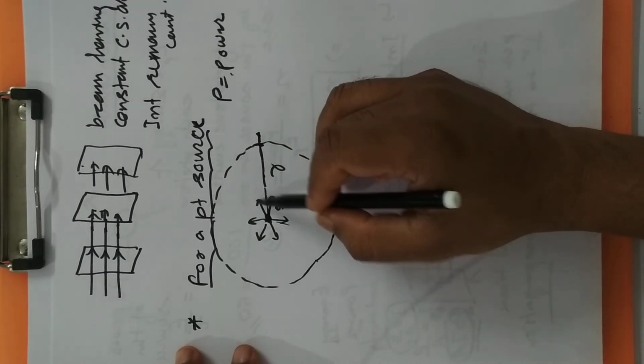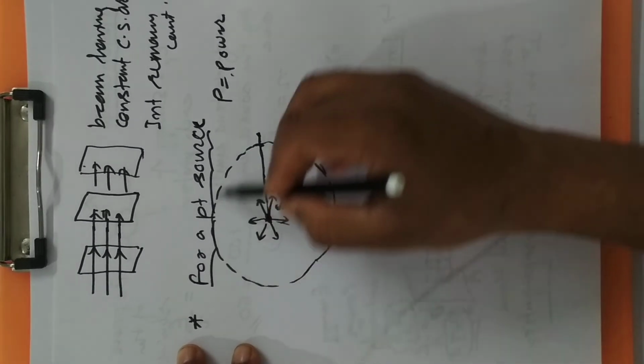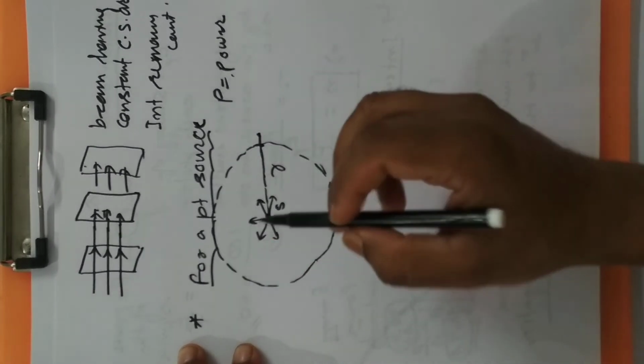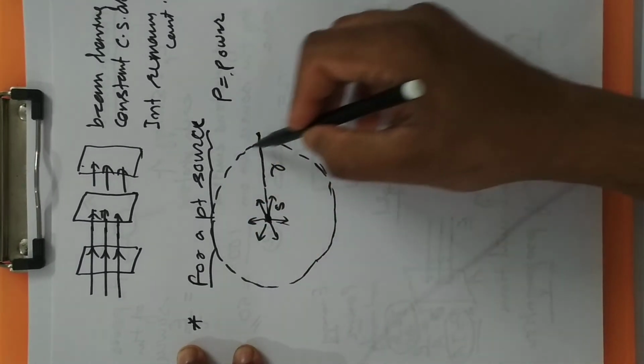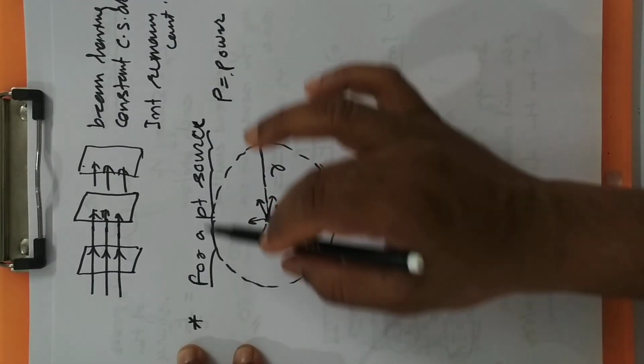So the same amount of energy that comes out from here every second is going to fall on this surface every second. So the power of the source and the power on the surface are the same.